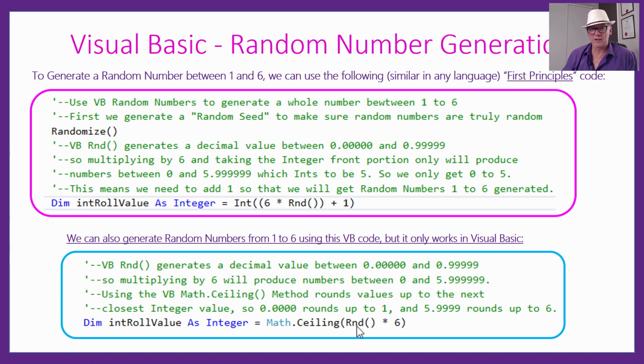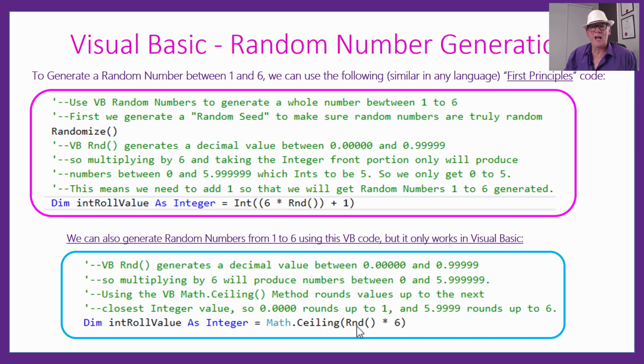So 0 is not an integer if you know your maths properly. The next closest integer going up is a 1, so it'll round that off to 1. And if you get 5.9253, it'll go, okay, what's the next closest integer going up from that? Well, that's 6. And so that's how you generate your 6.